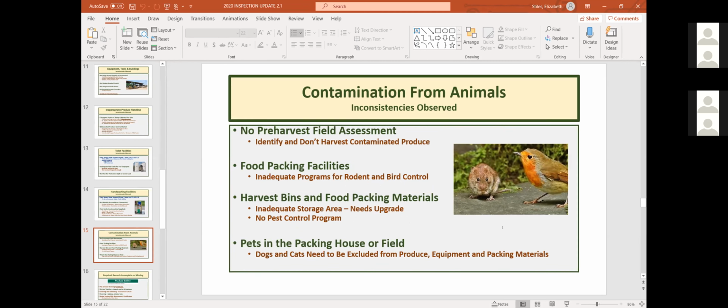In your food packing facilities and storage facilities, you need to have programs to control rodents, birds, and also in your storage areas to make sure your harvest bins and your food packing materials are safely stored. We had a few instances of pets actually in packing houses and in the fields. We like to see that pets are excluded from the equipment and the packing materials.